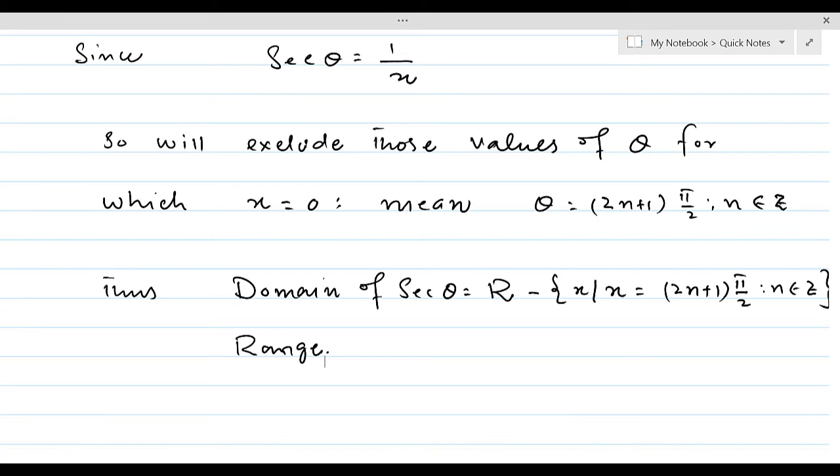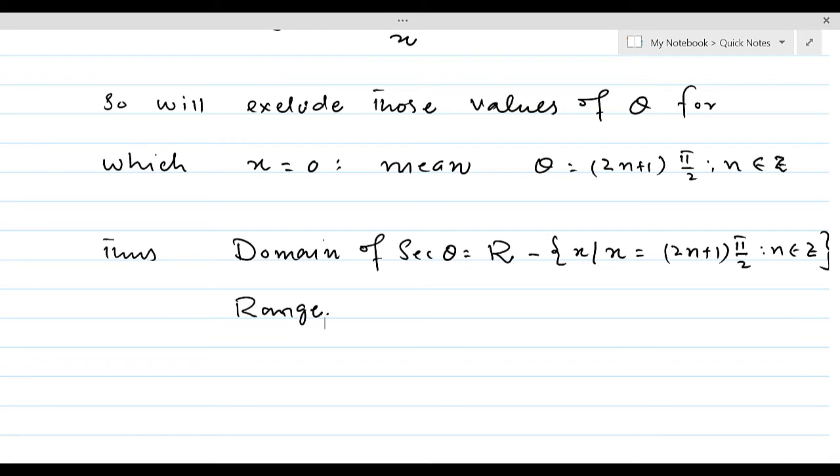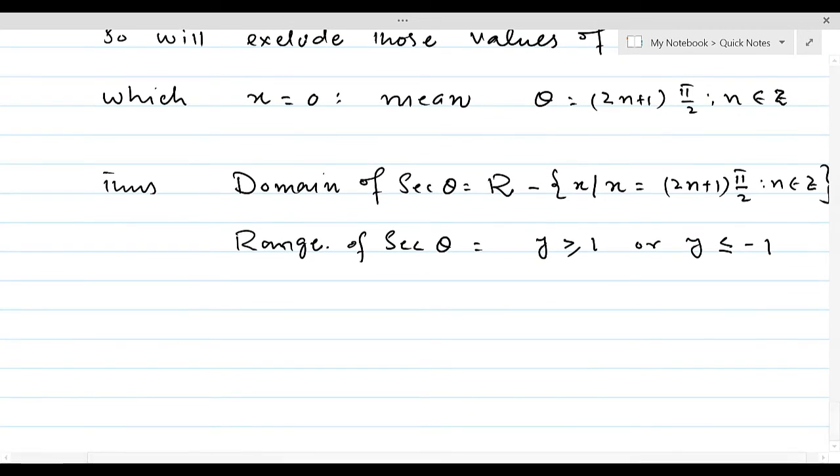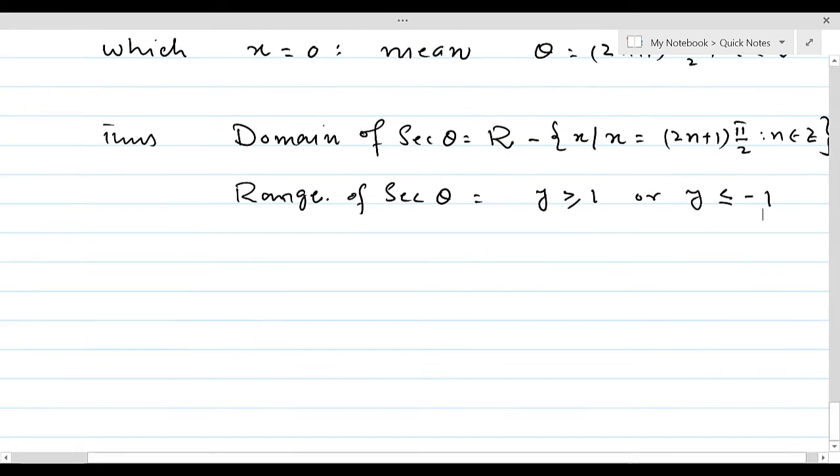It means that the range of secant theta will be equal to y greater than or equal to 1, or y less than or equal to -1. So this is how the range of secant theta is defined.